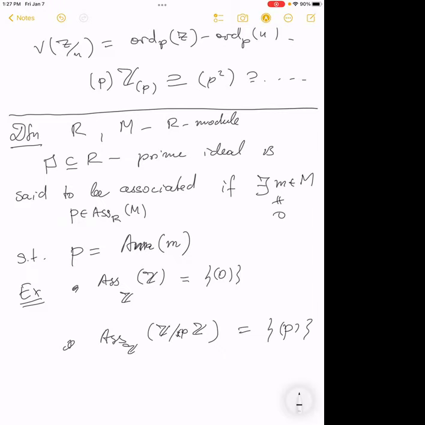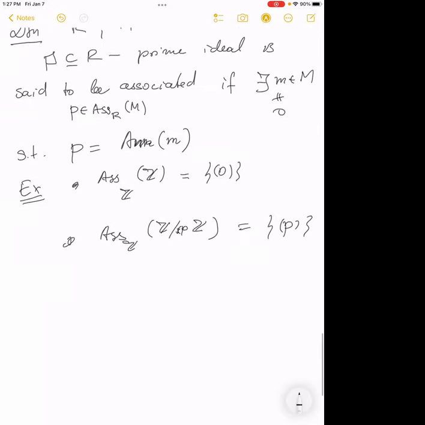You can, let's say, pick 1. What is the annihilator of 1? These are all elements in the ring that are divisible by P. When you multiply them by 1, that goes to 0. And that's the only thing that we have here.